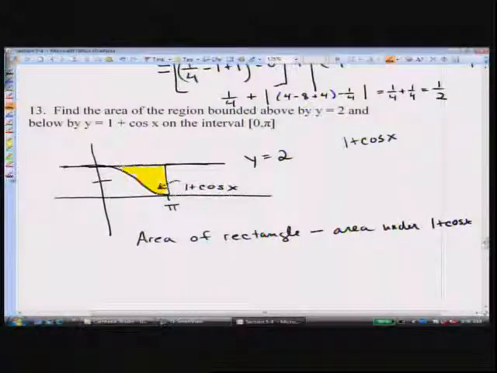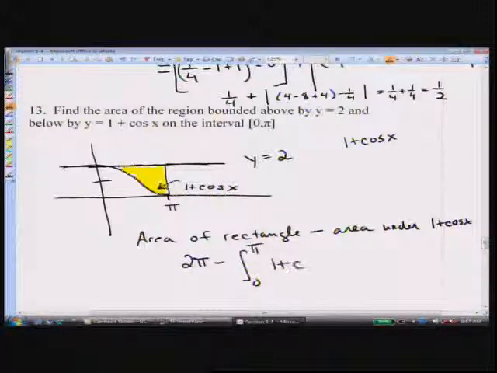Does that make sense? So the area of the rectangle minus this area will give you this yellow area. Okay, so what is the area of the rectangle? Well, it's base, which is pi, times height, which is 2. So that's 2 pi, minus the integral from 0 to pi of 1 plus the cosine of x dx.